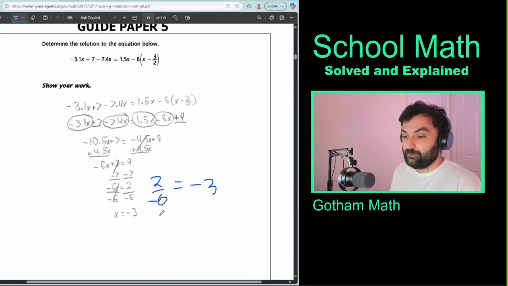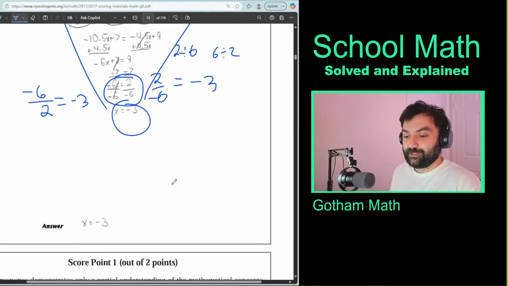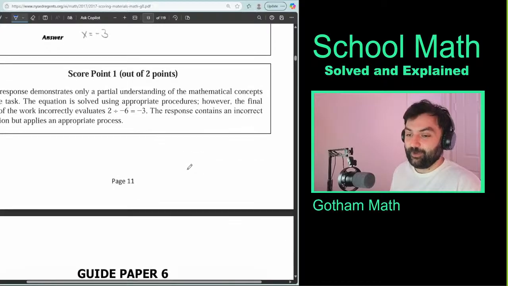No. It's the other way around. If this said negative 6 over 2, then yes, you would be right, but not in this case. 2 divided by 6 is not the same as 6 divided by 2. Hello? So did everything right, except that one last thing. Well, you know what they say. Do better next time. All right. Next.